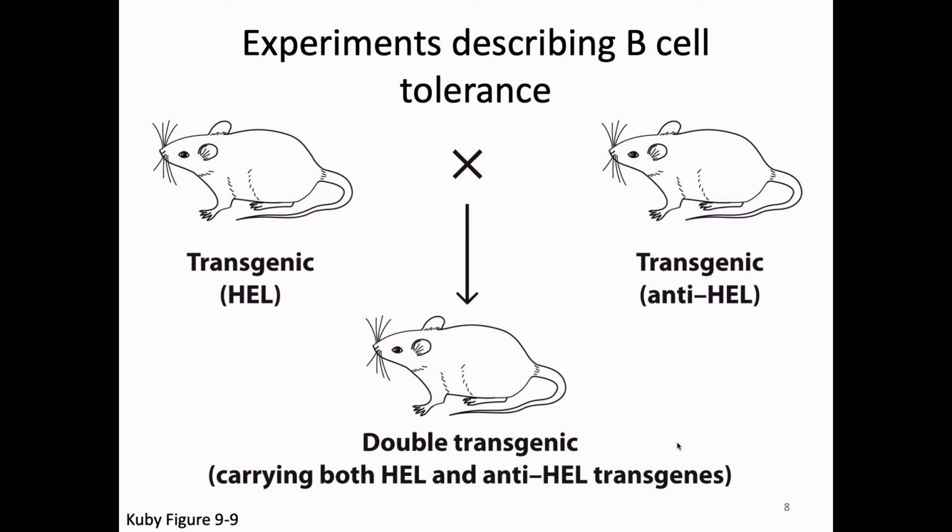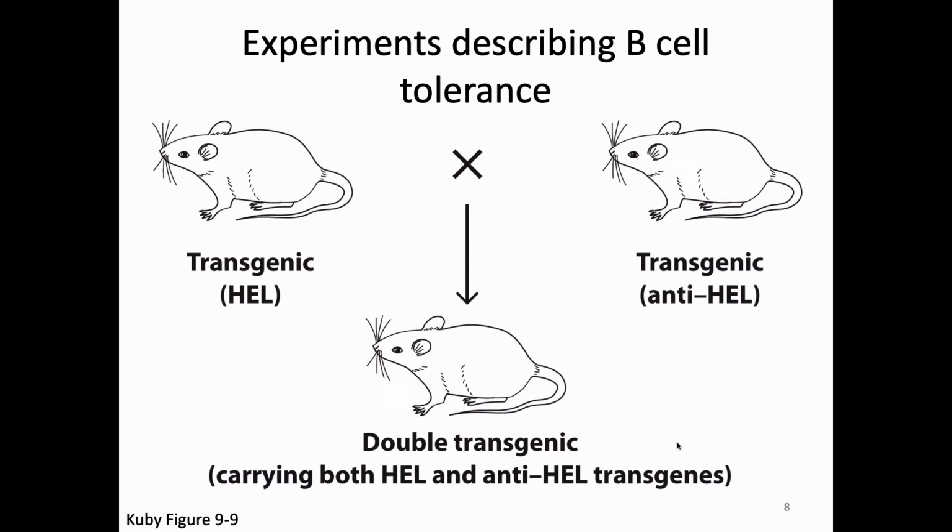So let's say I decided to look in my mouse to see, does my mouse make antibodies against SARS-CoV-2? I would find some B cells up there. They have a heavy chain, and they're specific for my SARS-CoV-2 antigen, right?